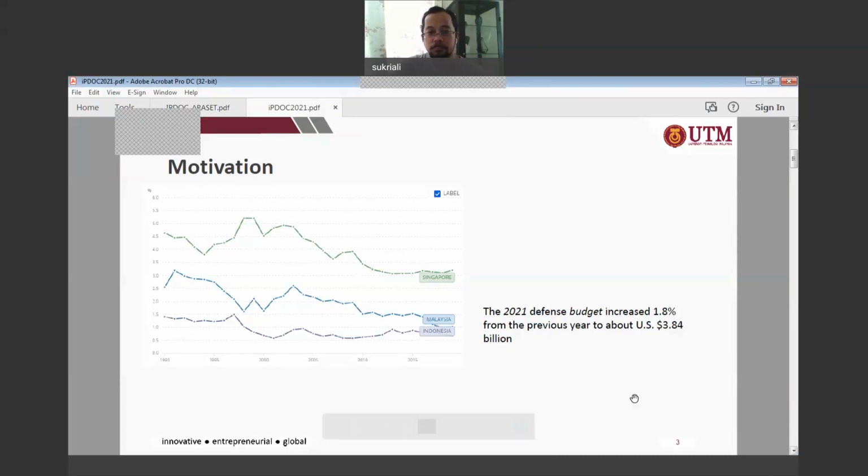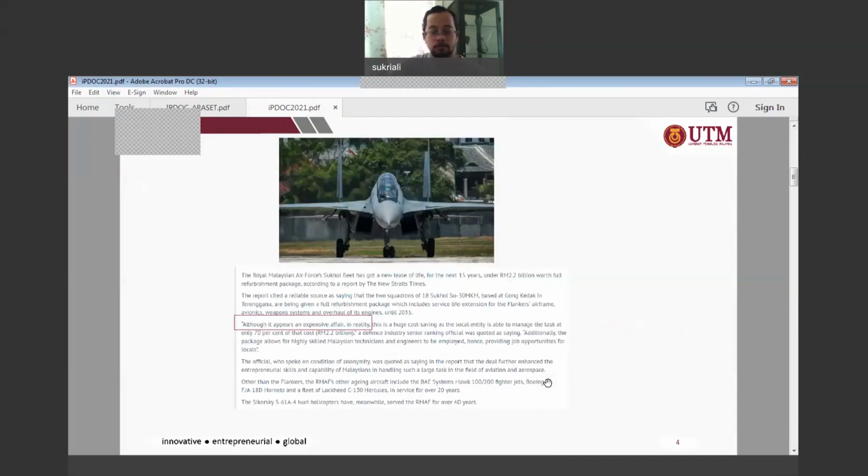This high budget is necessary for most countries for their defense system. Part of this budget needs to be used for the maintenance of aircraft.